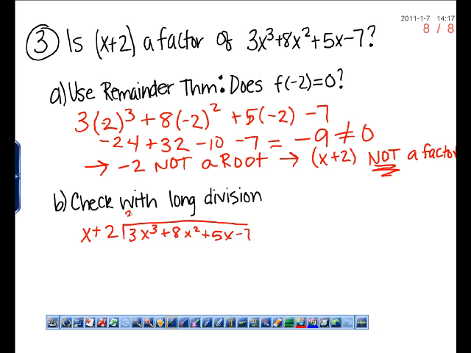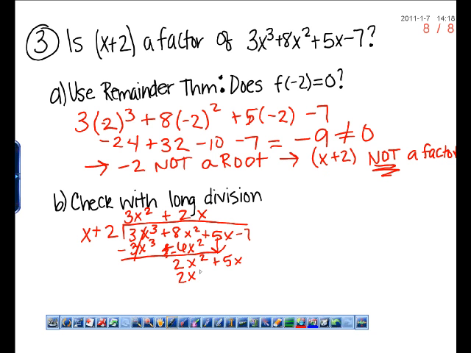X times 3x squared gets me 3x cubed plus 6x squared. Change my signs. Minus, minus. Those cancel. This is 2x squared. I only get to bring down 1 plus 5x. Okay? Now this is going to go in 2x.